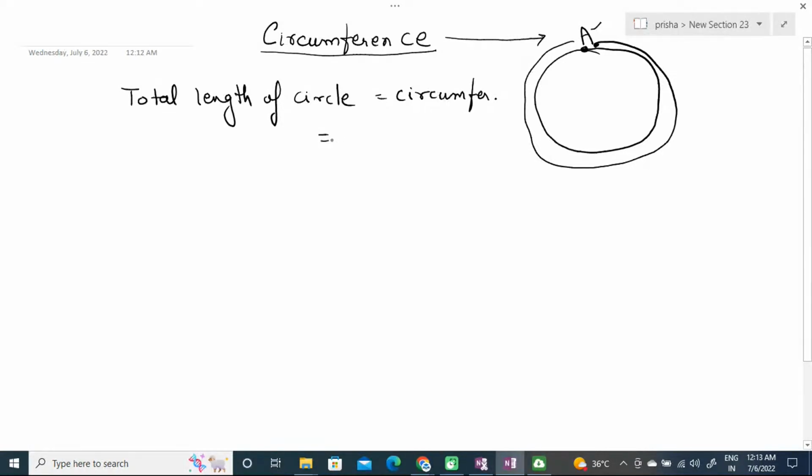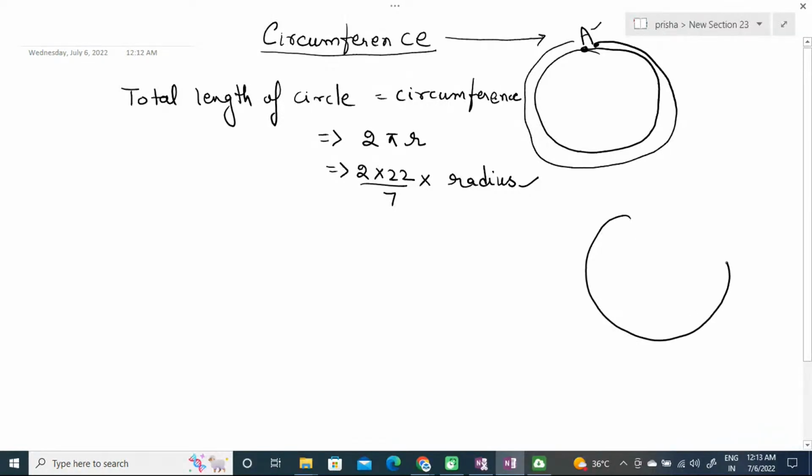How will we calculate it? We calculate by a formula 2 pi r, where the value of pi is 22 by 7 and r is the radius. I will tell you this in the higher sections when you study.